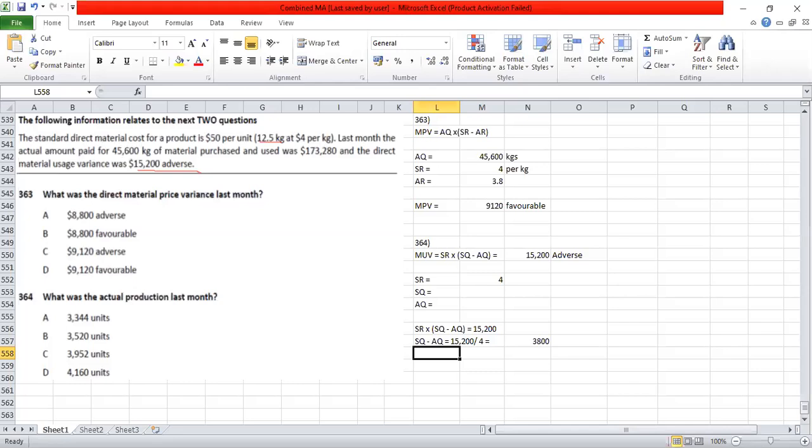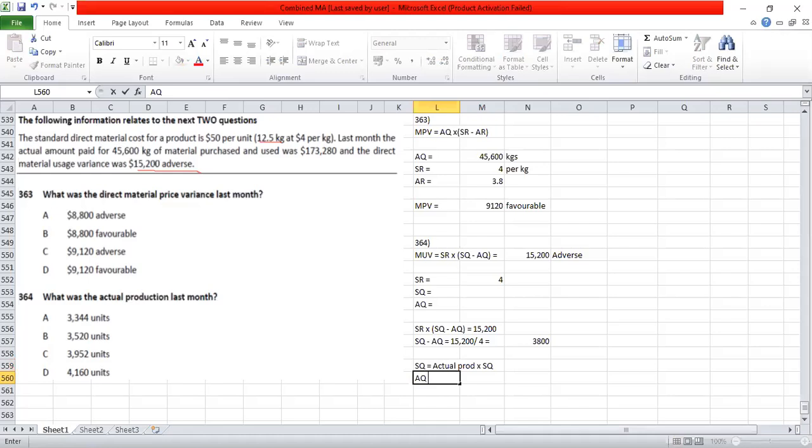Standard quantity will be the quantity required for the actual production into standard quantity per unit.